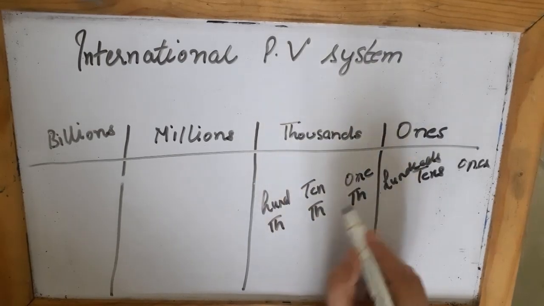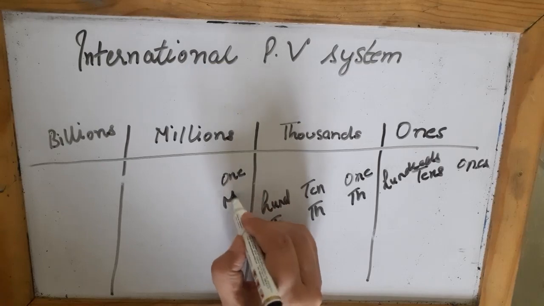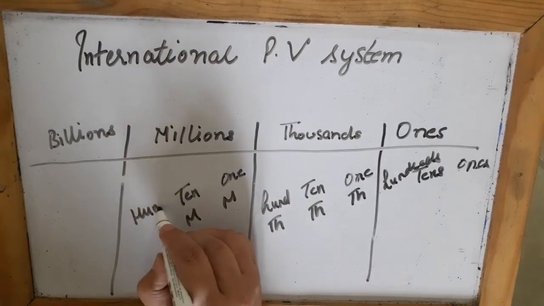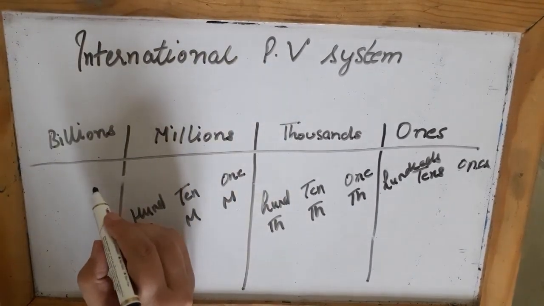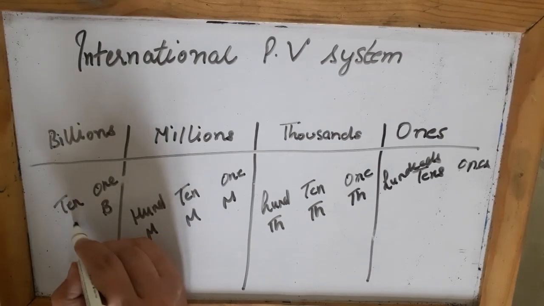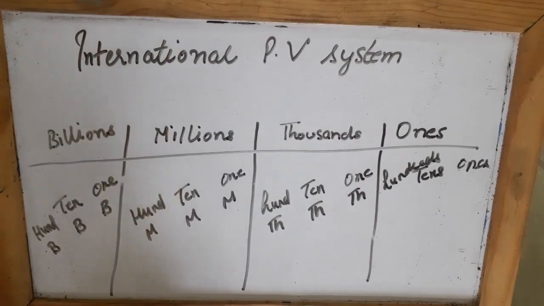So these are the three place values in thousands period. Same way 1 million, 10 million, and 100 million in the millions period, and 1 billion, 10 billion, and 100 billion in the billions period.